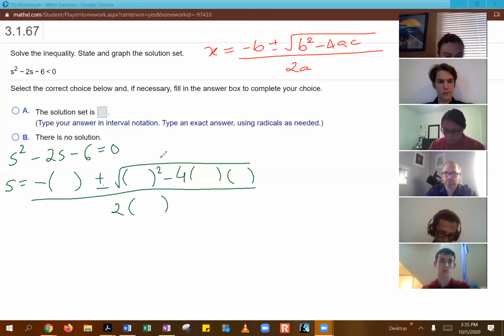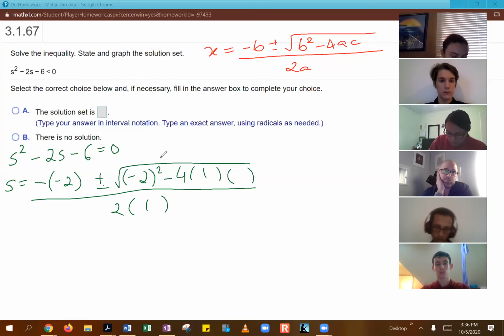That's going to be the coefficient of our middle term, so that's going to be -2. What's the a? Okay, James, you've got 2 plus or minus square root of 7. Oliver, you're saying the same thing. The a value is going to be 1. And then what's the c? Yeah, very nice. That's the constant term, -6.